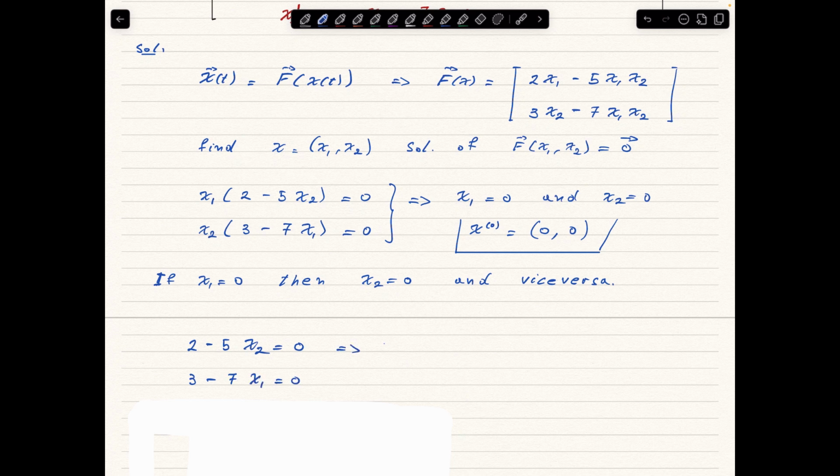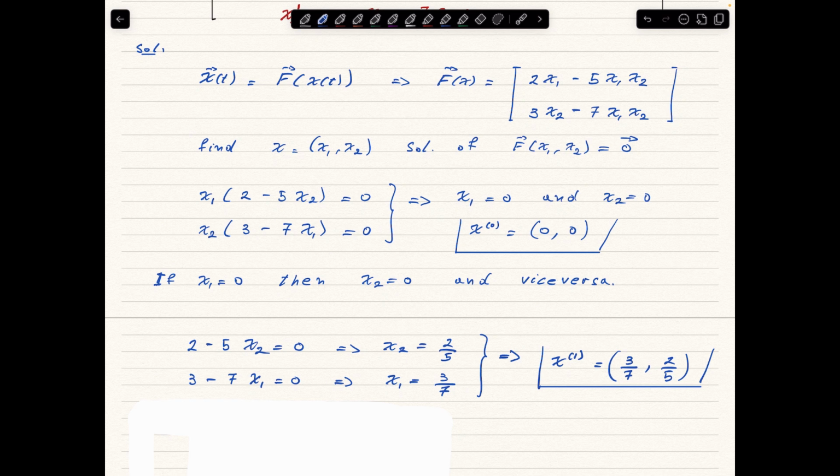From here we get that x2 has to be 2/5, and x1 has to be 3/7. And then we got another equilibrium solution or critical point, the point x1, which is 3/7, 2/5. And these are all the equilibrium solutions for this system.